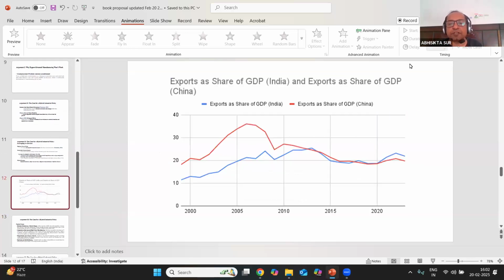This slide compares Indian and Chinese exports as a percentage of GDP, and we see that India has been catching up with the Chinese exports.